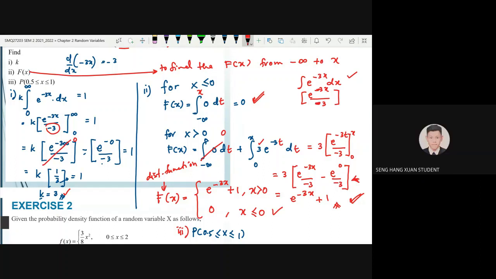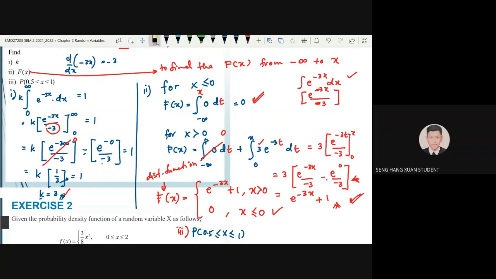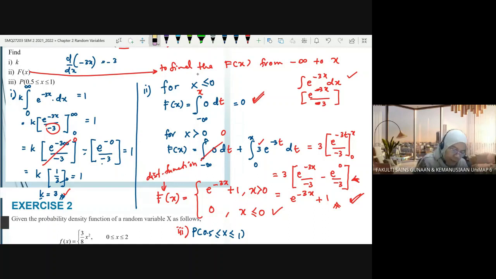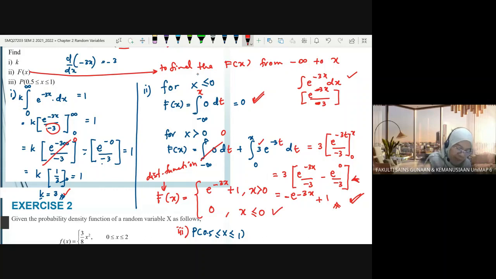What about the final answer there? The final answer, negative multiplied with negative, you get positive, right? Yes. You mean here, okay. E to the negative here, right? Okay, I missed the negative part.